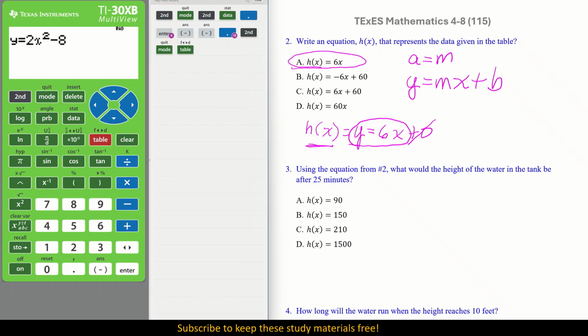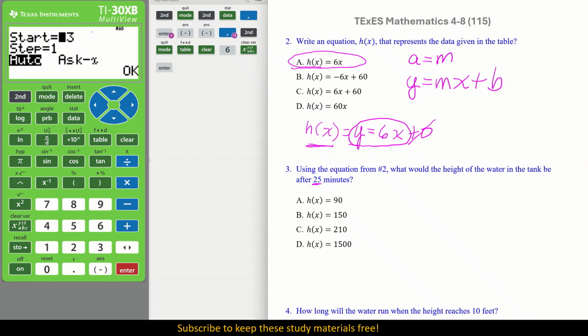Second mode, go to table, clear all that wonderful stuff out, and say 6x, and then just take a look. Okay, let's now see where it says start. Well, they asked me specifically here for 25. Okay, and remember our tank was in minutes, so we're okay.